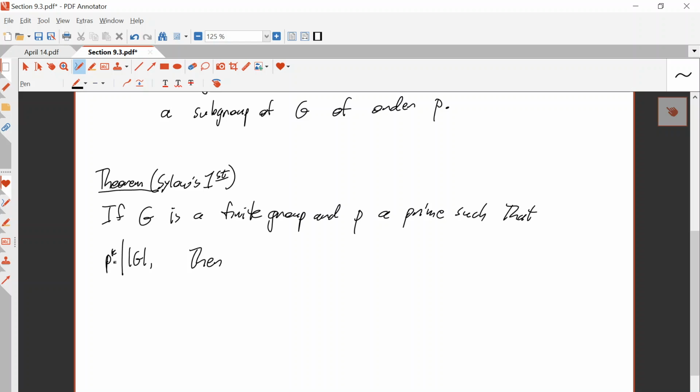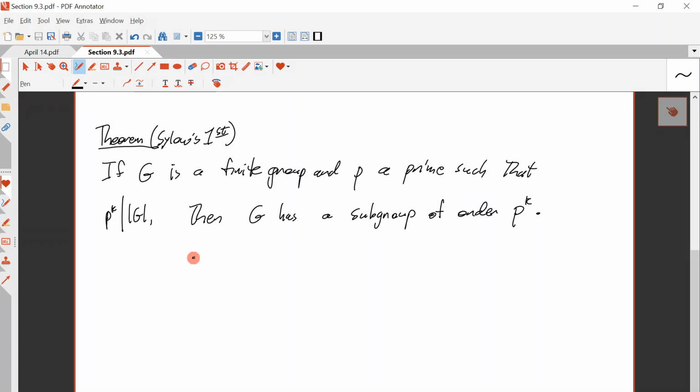So like if G has order 20, then 4 divides the order of G. Or if G has order 80, then 8 divides the order of G, 16 divides the order of G, and so on and so forth. Then G has a subgroup of order P to the k. That subgroup need not be cyclic, but it's a subgroup of order P to the k. So that's Sylow's first theorem.